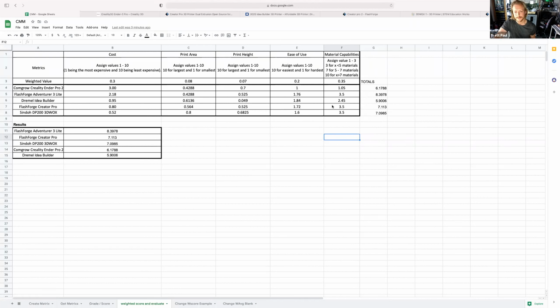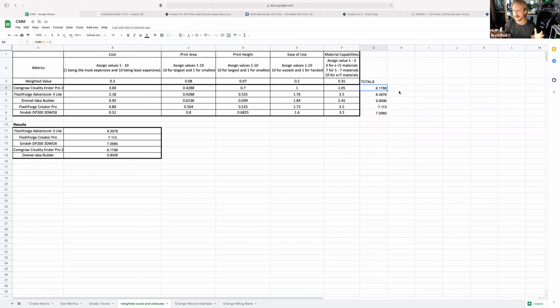Once you've done that for your matrix, you're gonna sum up each score for each printer. So the Creator Ender Pro 2, 3 plus 0.4288 plus 0.7 plus 1 plus 1.05, and you have a total score of 6.1788. Okay, you do that for the rest of them. And so we've taken what was an overwhelming number of options, not in this case, but there's hundreds of different printers out there.